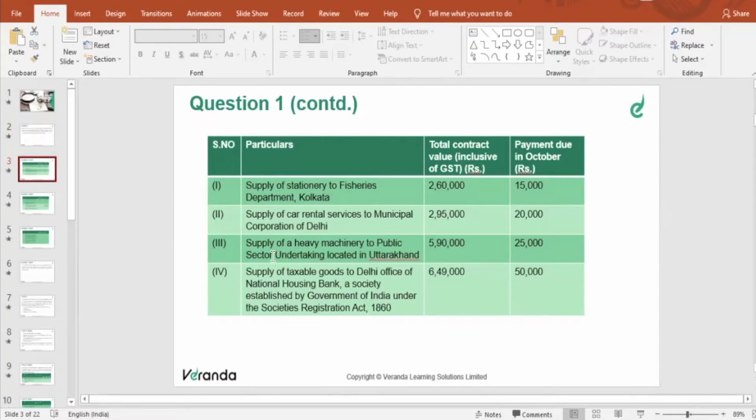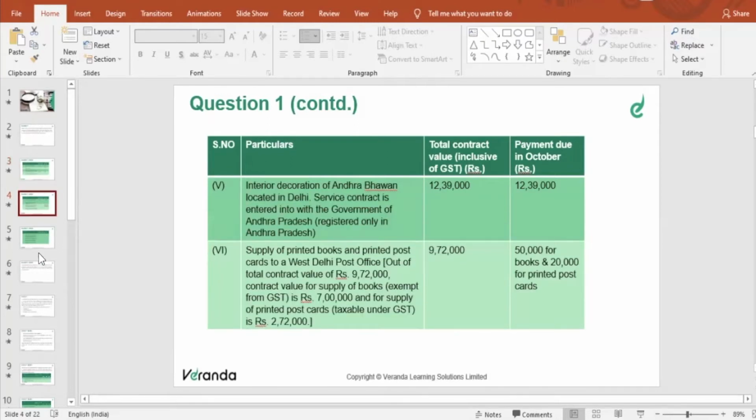Before I proceed, I need to understand what the question is. There are five to seven points highlighted, particularly the total contract value and the payment due.